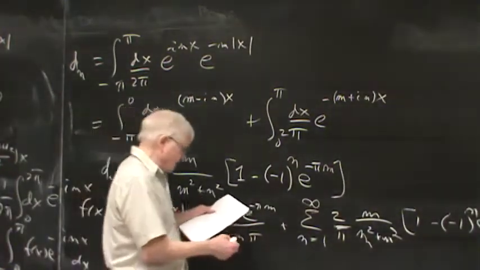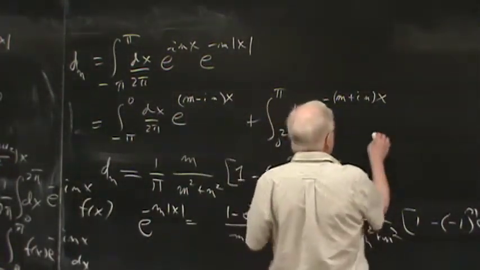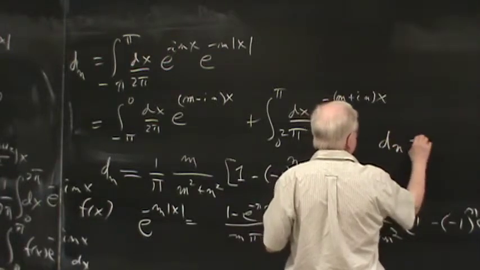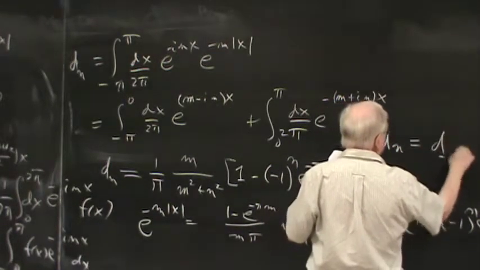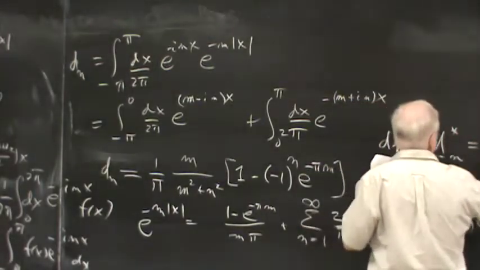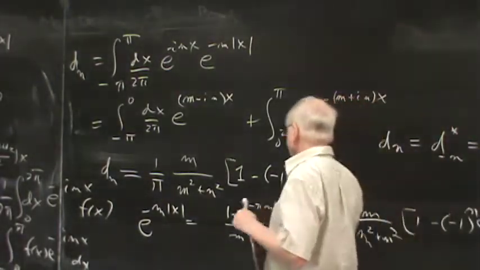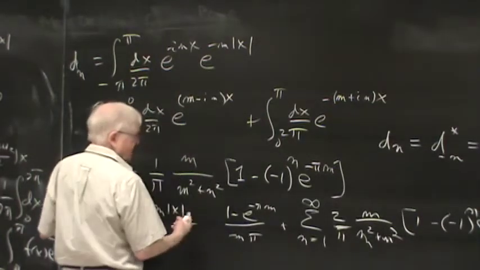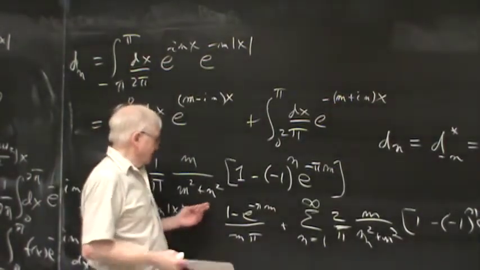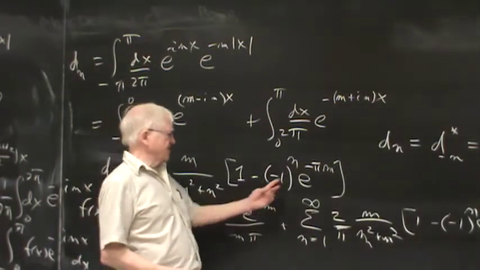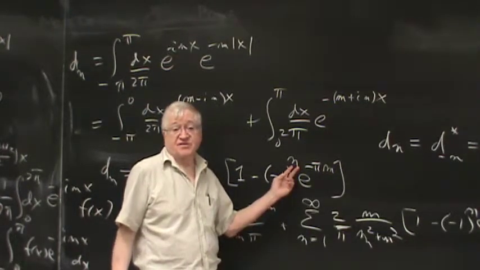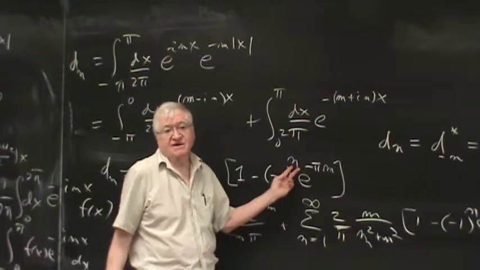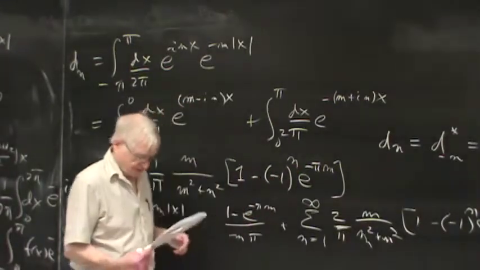So the d sub n's are real. And also, since the function is real, d sub n is d sub minus n star, which is d sub minus n. And so this is a function that's even in n, and it's obviously even here, but it's also even here. Minus 1 to the 2, or minus 1 to the 3, say, is the same as minus 1 to the minus 3, and both are minus 1.